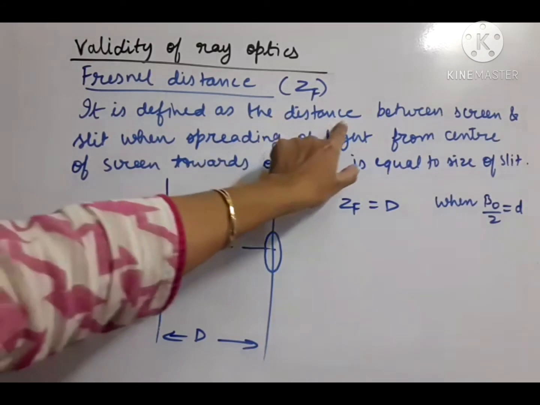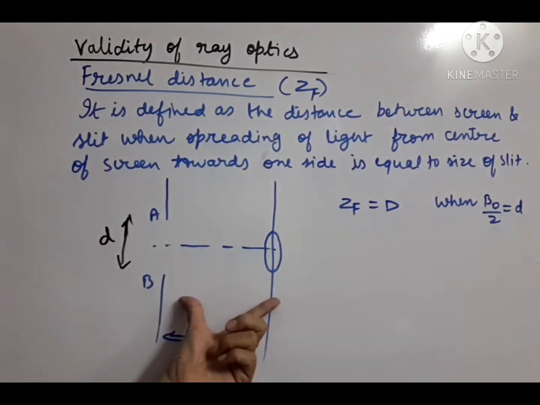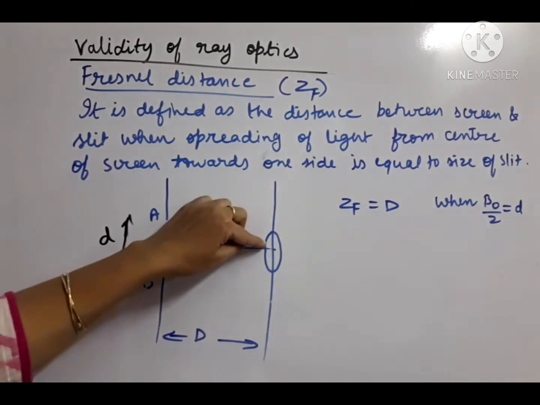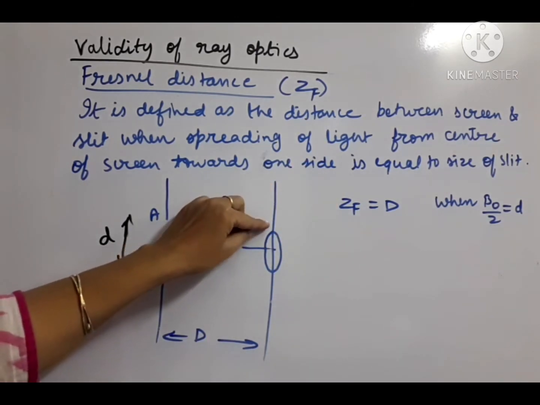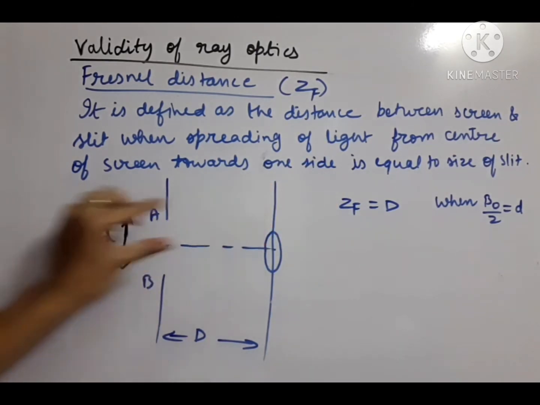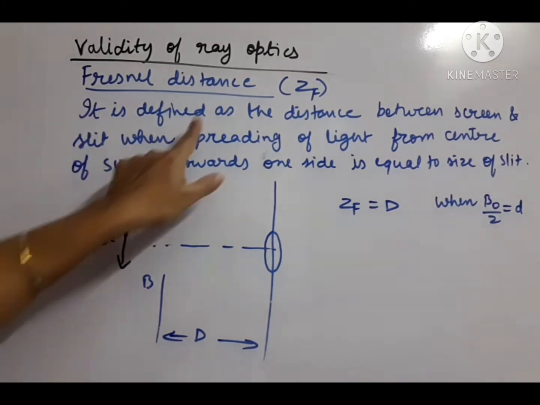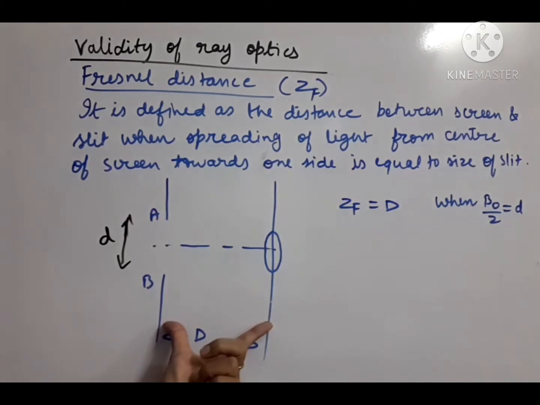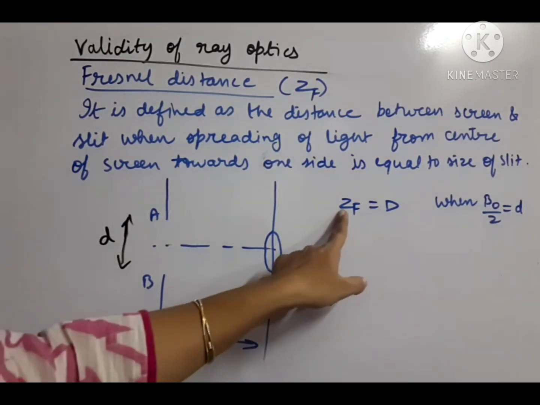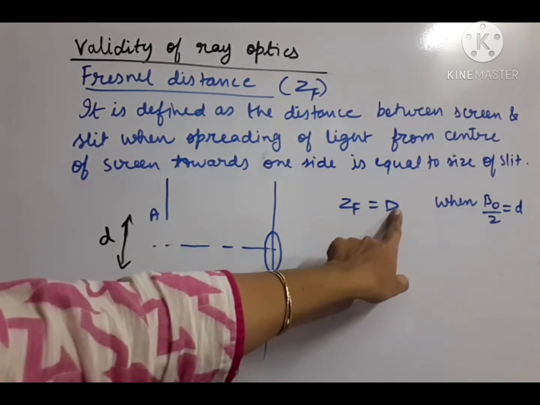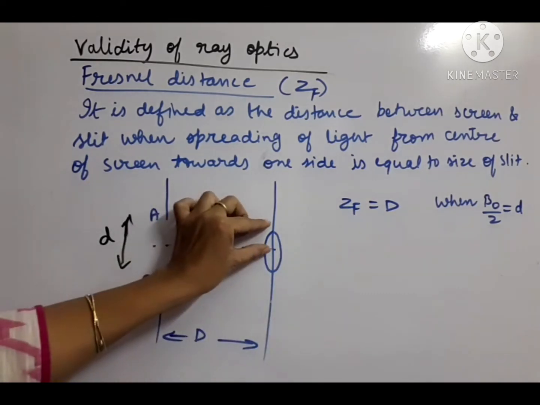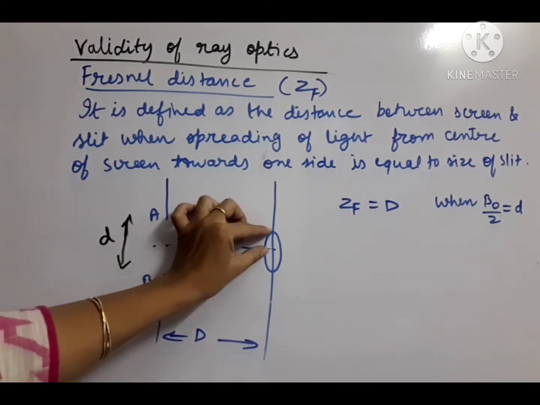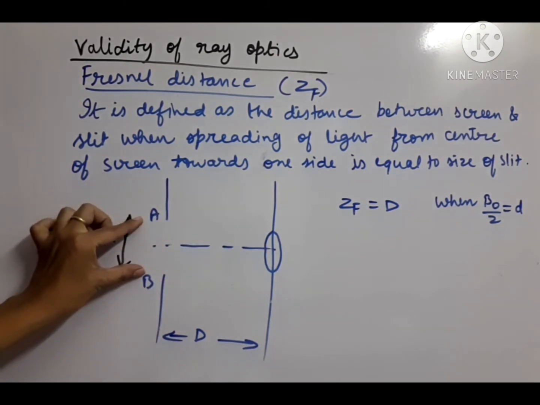It is defined as the distance between the screen and the slit when the spreading of the light from the center of the screen towards one side is equal to the size of the slit. So Fresnel distance is equal to capital D when the spreading of the light from the center of the screen on one side is equal to the slit width.